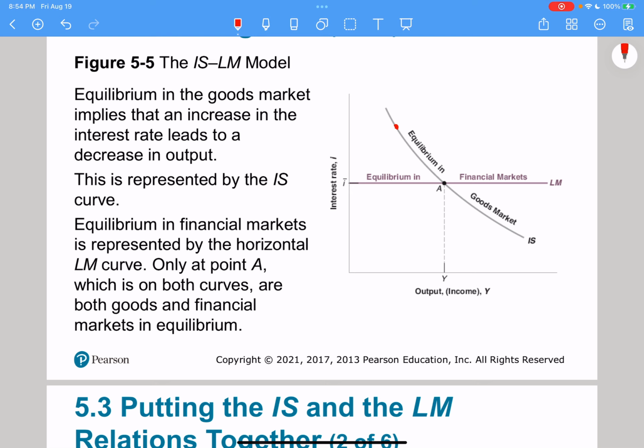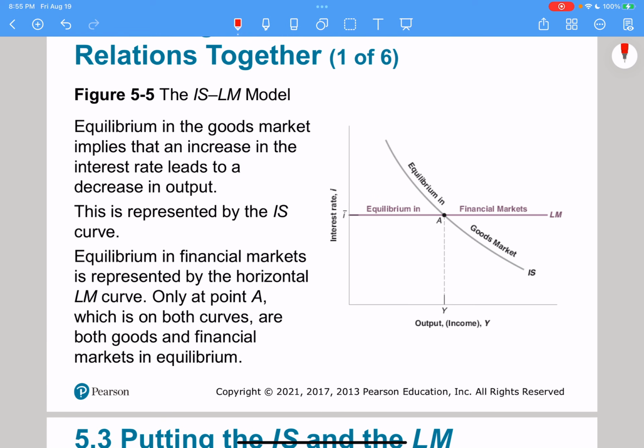Well, we have the equilibrium in the goods market, but we don't have this point over the financial markets, so we cannot say anything about the financial markets. The same holds for here, here, here, and any other point that you may choose along any of the curves, except this guy here. This guy, at the same time you are over the financial markets curve, you are over the goods market as well. So this is the equilibrium in both markets.